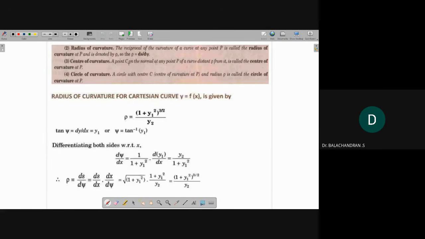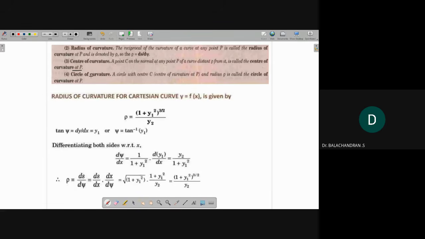So a point C on the normal at any point P of a curve, at distance rho from it, is called the center of curvature at P. That is very important.